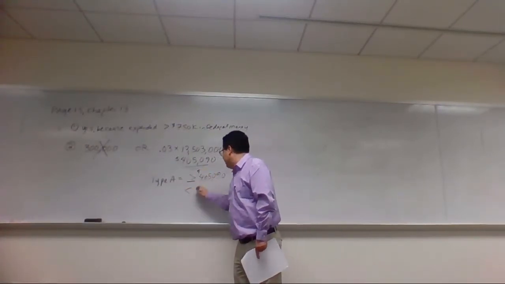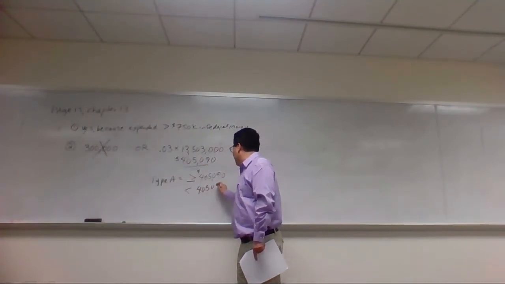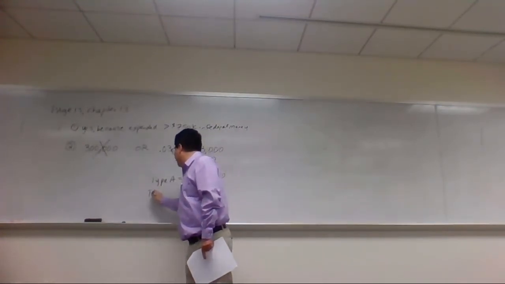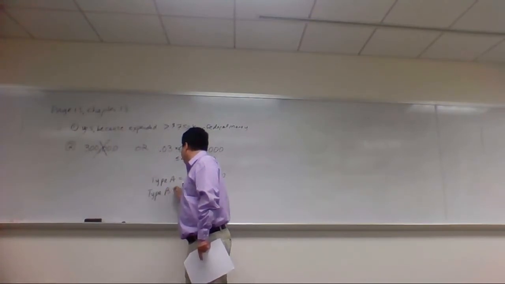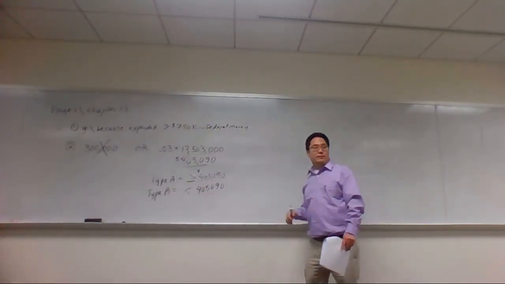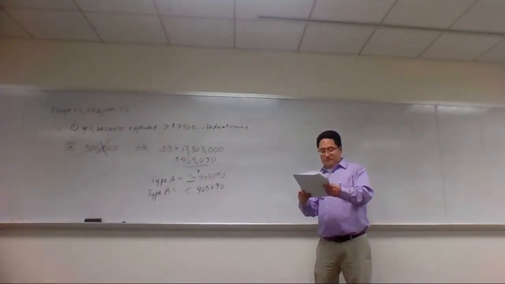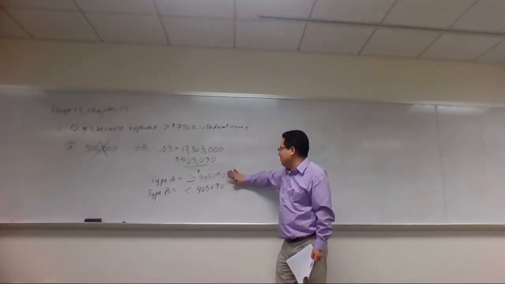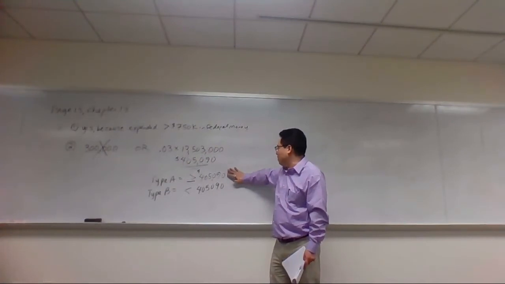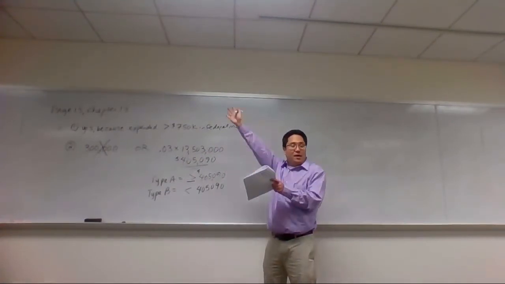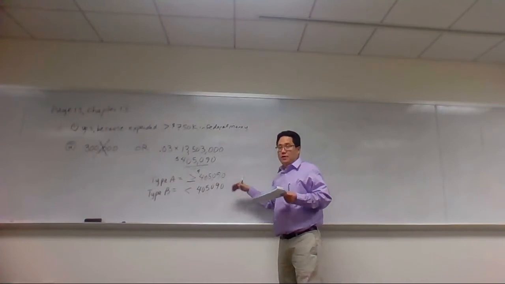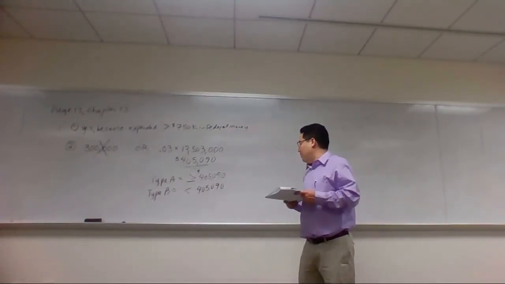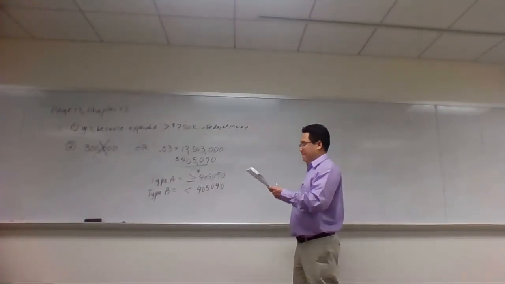If it's less than 405,090, it's considered to be type B. Does that make sense, everybody? So type A means high dollar value. In particular, if it's 405,090 or bigger, then it's type A as a program. If it's less than 405,090, it's type B.